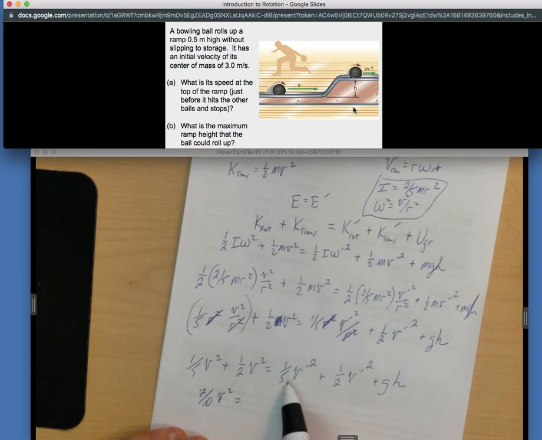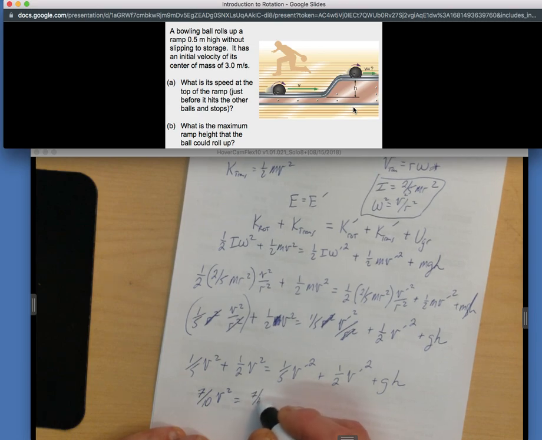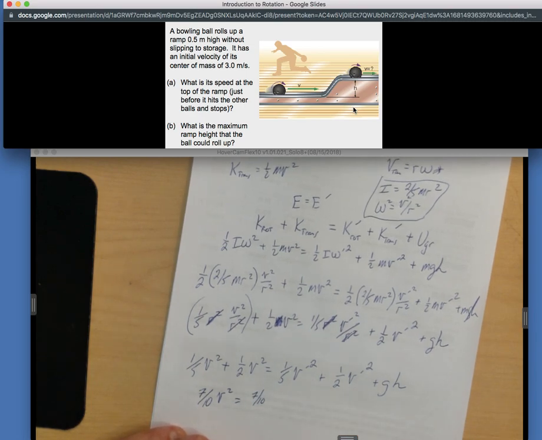equals, well, again, look, we want to add these guys together. One half and one fifth, they're like terms with v prime squared, so we can add them up. And 1/5 plus 1/2 is what? 2/10 plus 5/10, and 2/10 plus 5/10 is 7/10. Goodness gracious, 7/10 what?